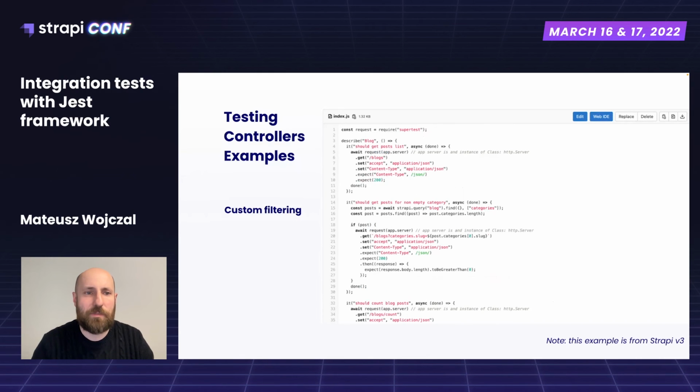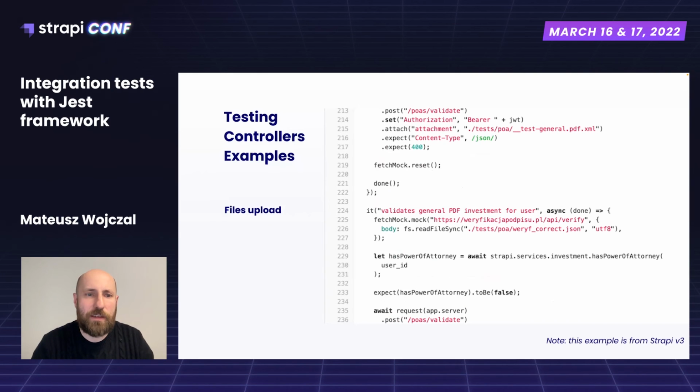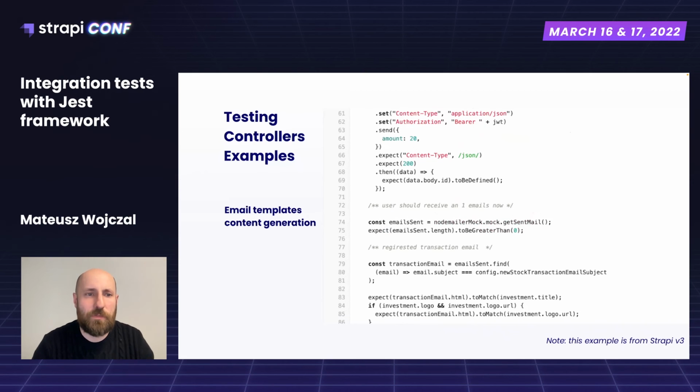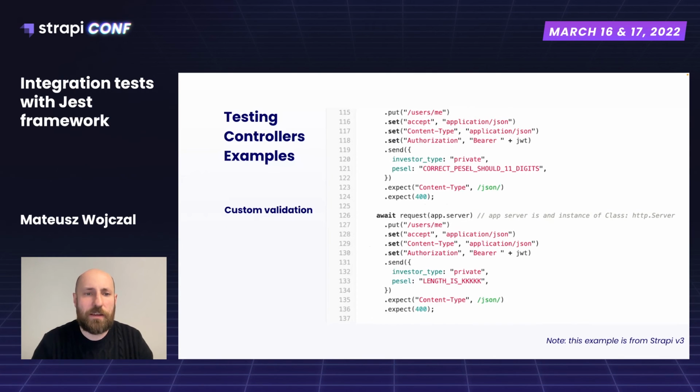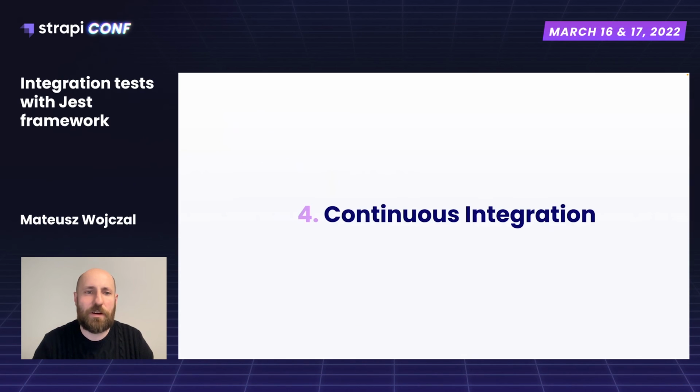I can test my custom filtering when I create some bespoke endpoint behavior. I can test file uploads, which is great, to see whether they do what they're supposed to do. I can test whether the email templates were generated properly by checking the content of the email. I can test some custom validation of my models and so on.